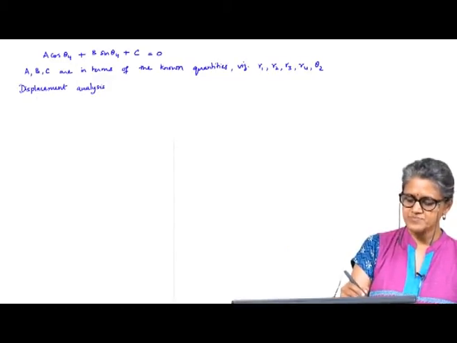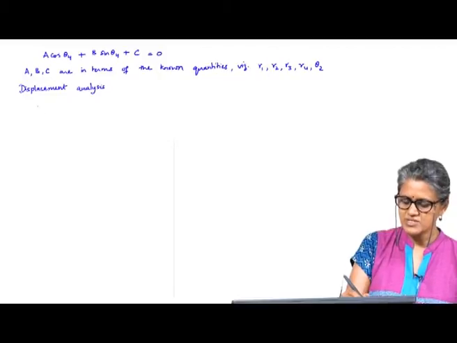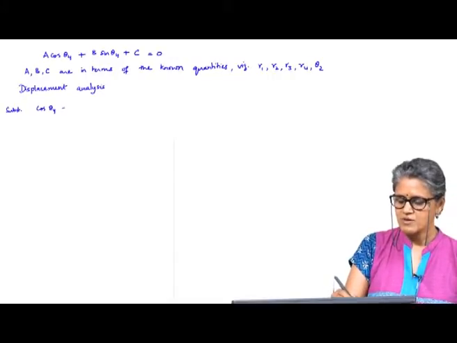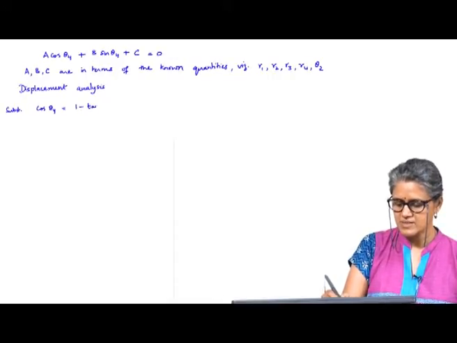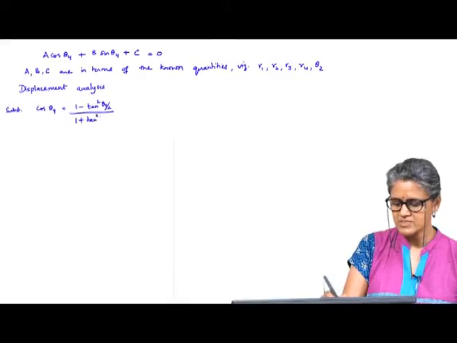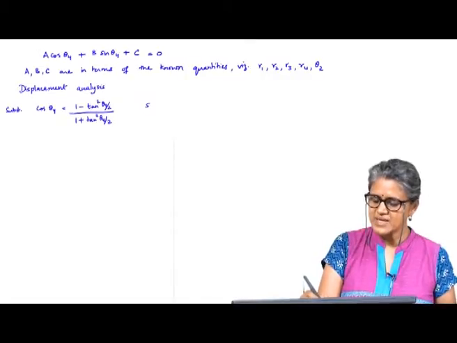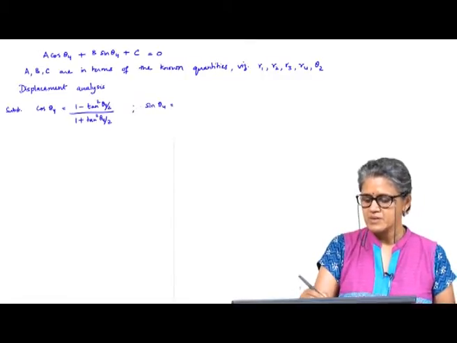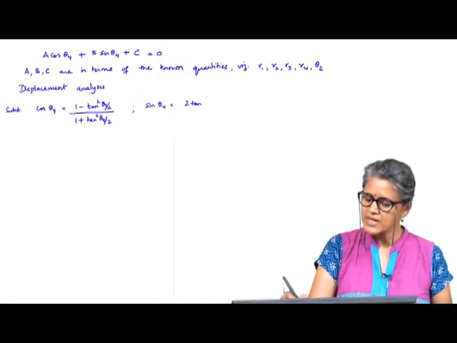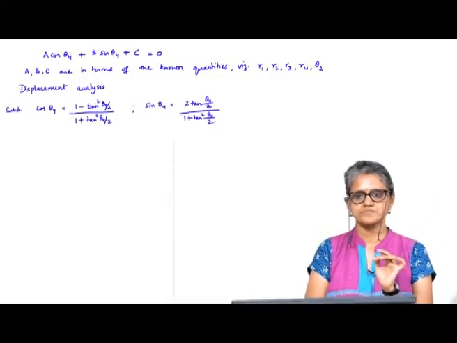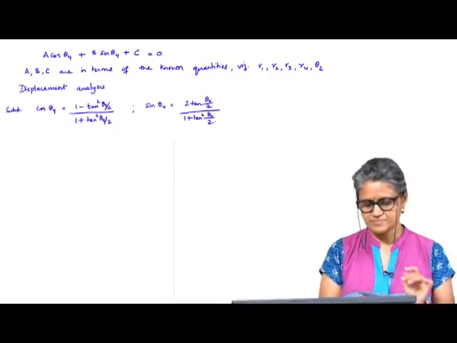The easiest way to simplify this is to substitute cos theta 4 as 1 minus tan square theta 4 by 2 by 1 plus tan square theta 4 by 2, and sin theta 4 similarly as 2 tan theta 4 by 2 by 1 plus tan square theta 4 by 2, in terms of the tan half angles.